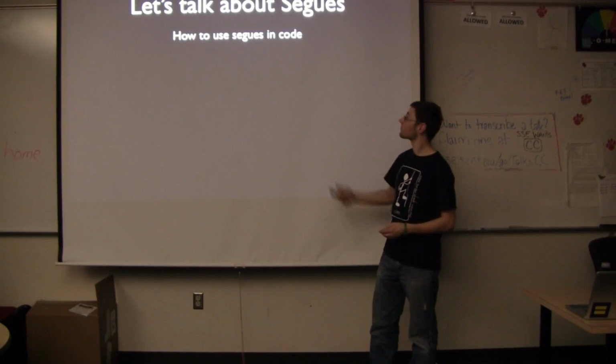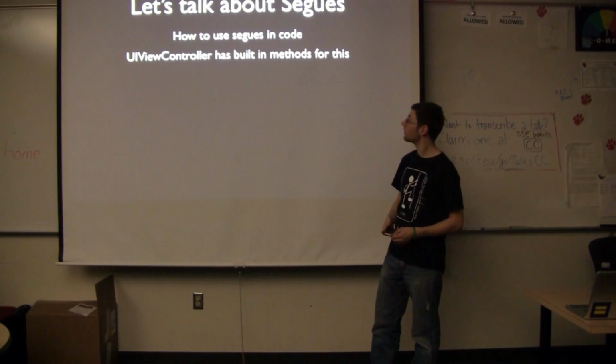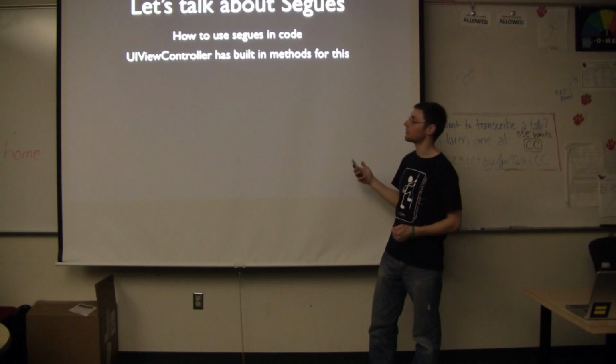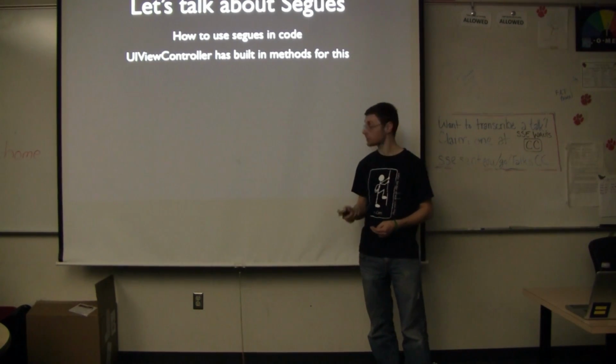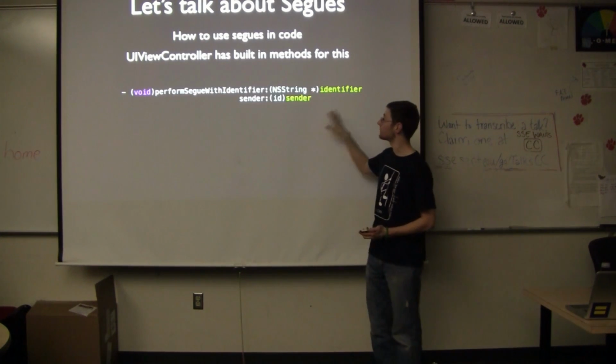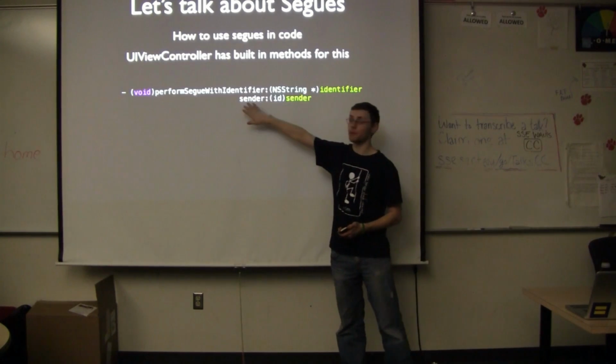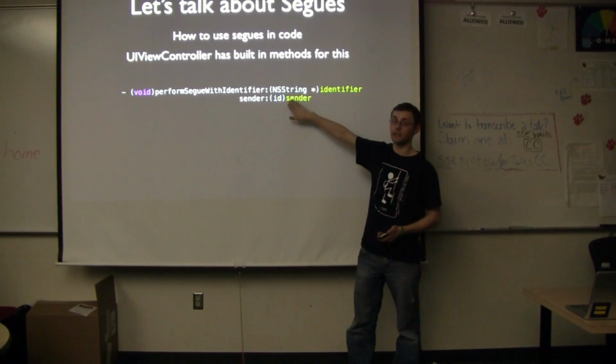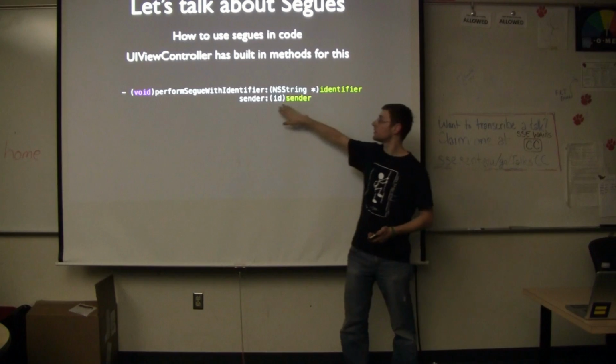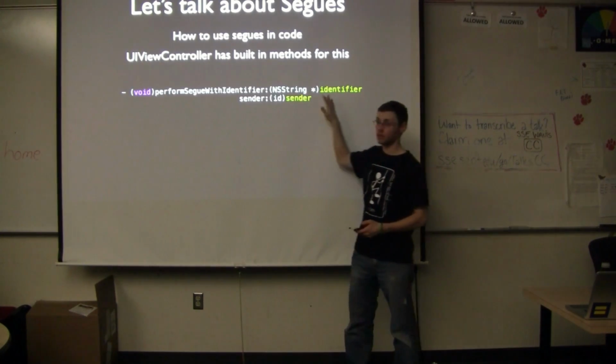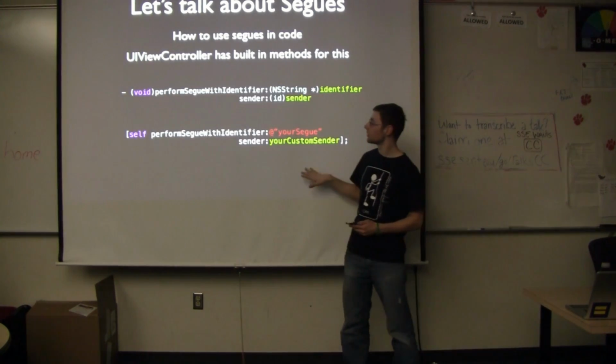So, how to do this in code? UIViewController has built-in methods for using segues in Interface Builder. So you have this method here, performSegueWithIdentifier. This is the string that we named our segue with. You don't implement this method, you call it like this.